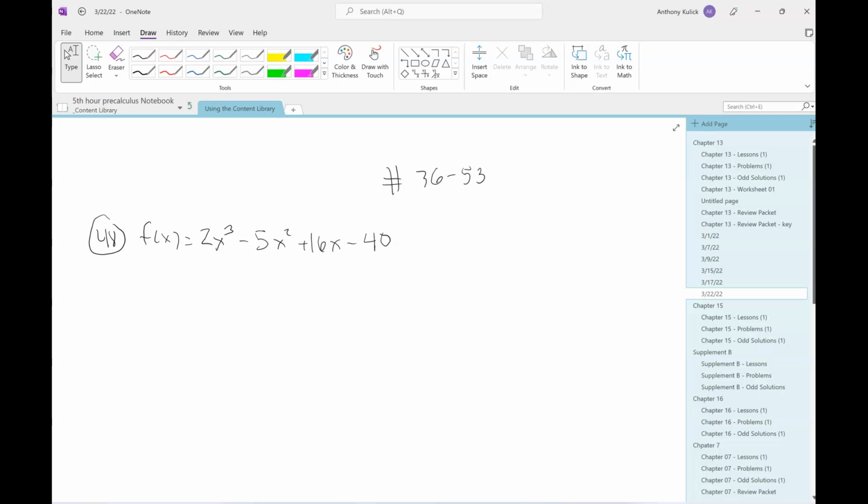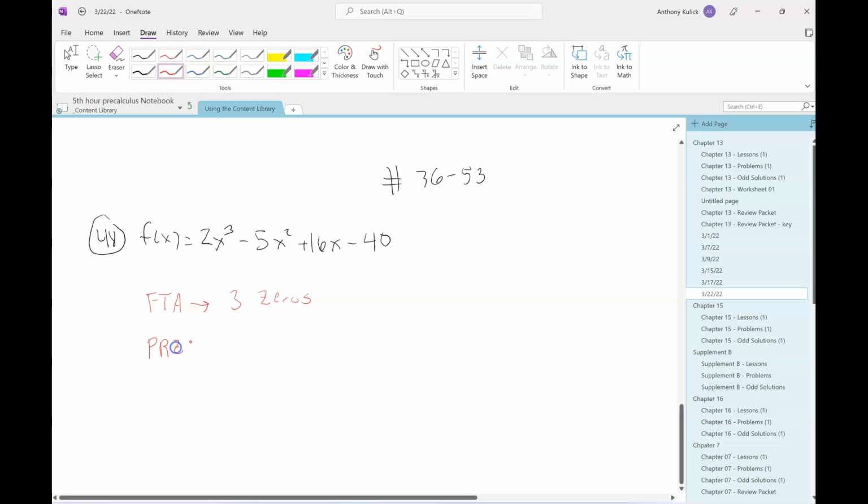So here's our polynomial. I would start by just identifying how many zeros I'm looking for, in this case 3 zeros.